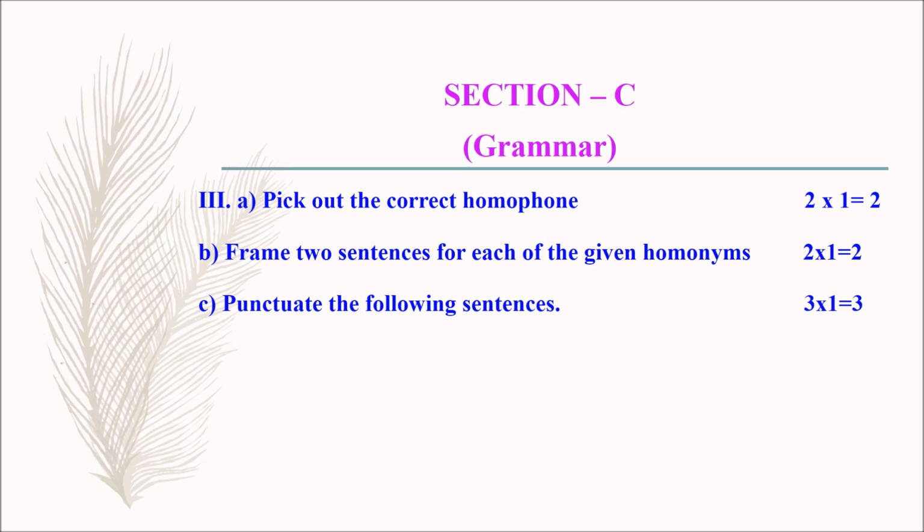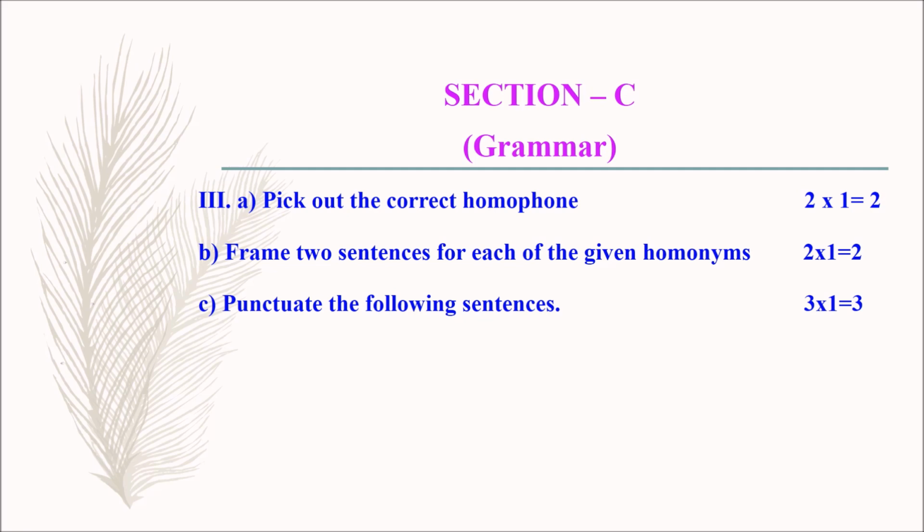According to the given sentence, you have to choose any one of the correct words. In homophones, you will get 2 questions. Each question carries 1 mark. So totally 2 marks for homophones.